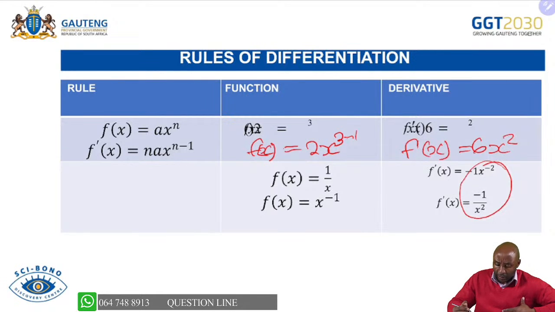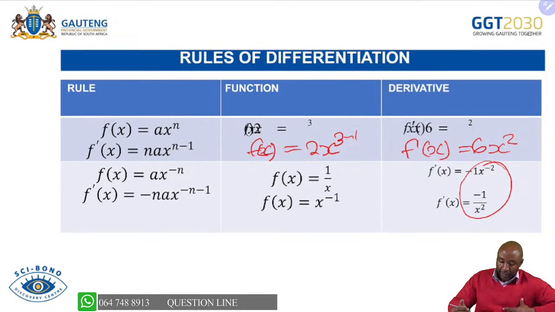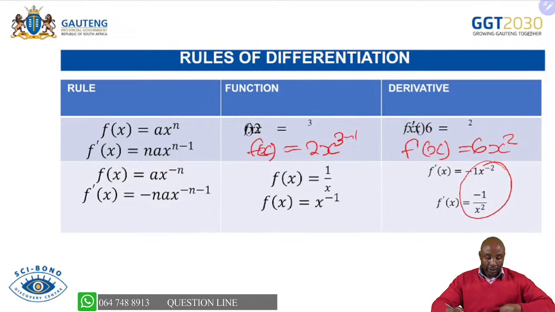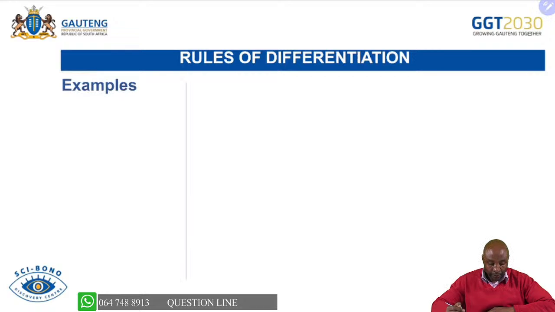What rule did we use? You are able to realize that if our exponent is negative, it still multiplies our coefficient and then the exponent is reduced by 1. Now, I will give you 1 minute to evaluate the derivative using the rules now.